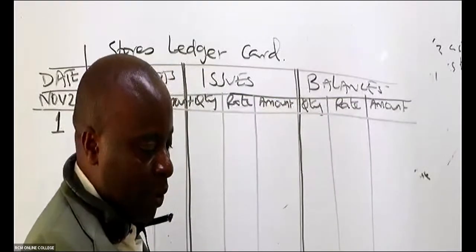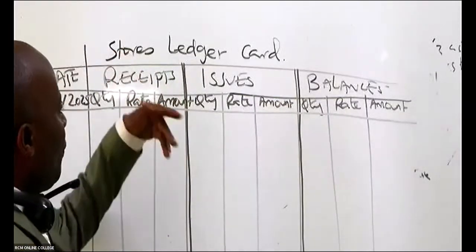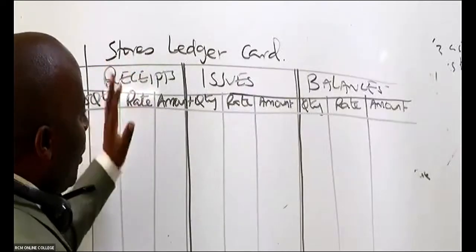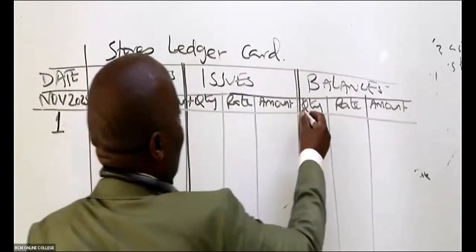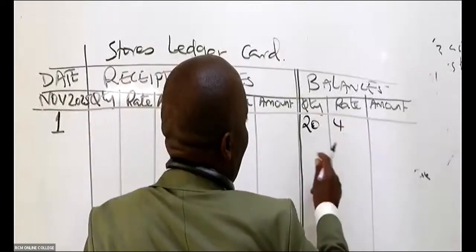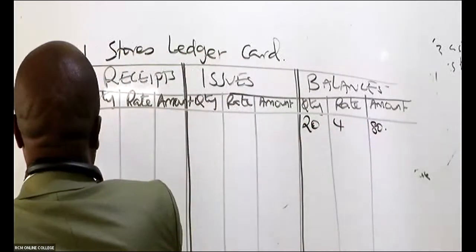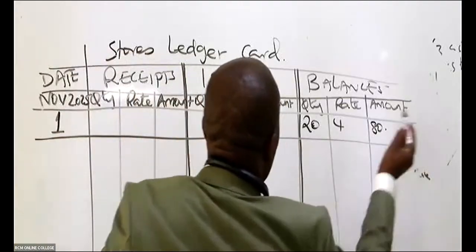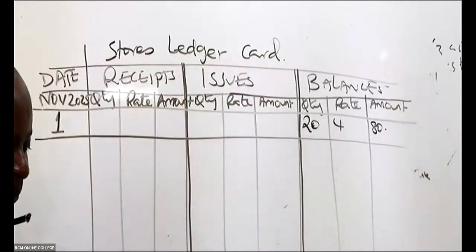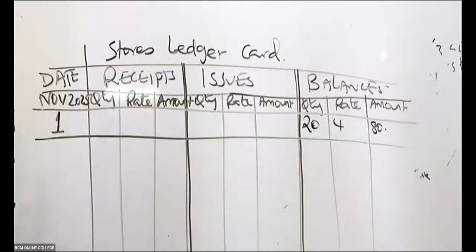Balances are not received; they were received last month. So you bring here the balance, 20, and the rate is 4. So 20 times 4 gives me 80. You underline like that. And then we go to the second date.